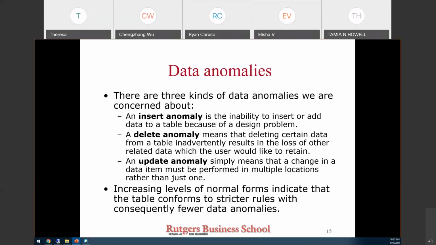And finally, update anomaly. An update anomaly simply means that a change in data must be performed in multiple locations rather than just one. And as you know, this is of course against the design of the database structure.